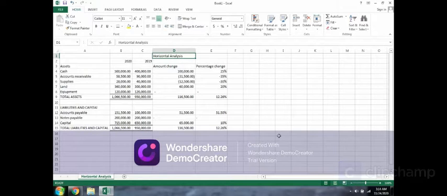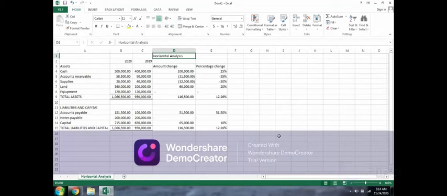Now try to compute for the percentage change. The correct answer is 60,000 divided by 300,000 is 20%. So what do you think about the equipment? Because they have the same amount, basically the answer would be 0.